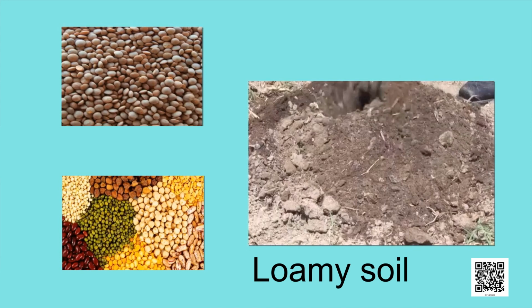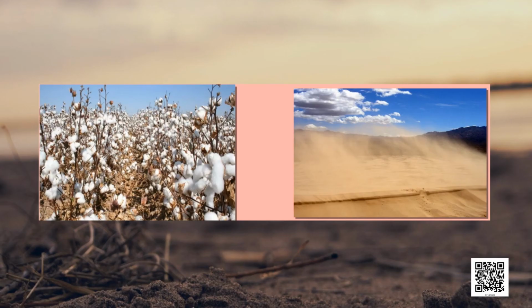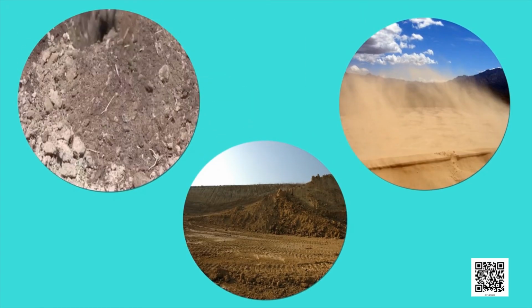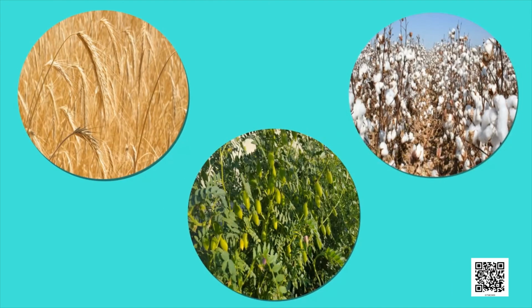For lentils like masoor and other pulses, loamy soils which drain water easily are required. And for cotton, sandy loam or loam which drain water easily and can hold plenty of air are more suitable. So, different types of soils are used to cultivate different types of crops.